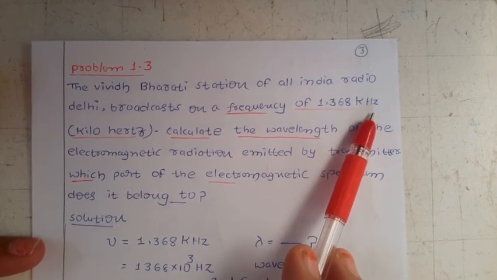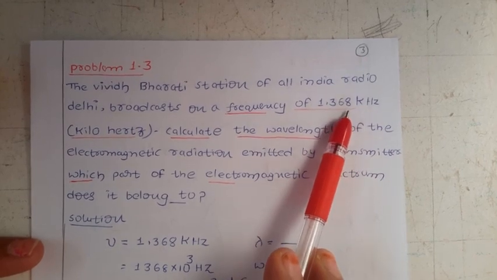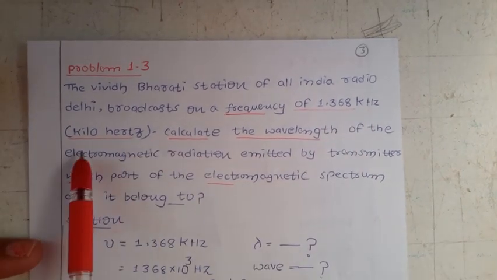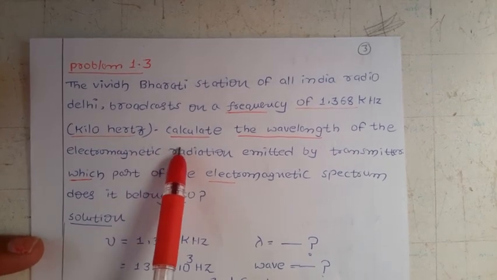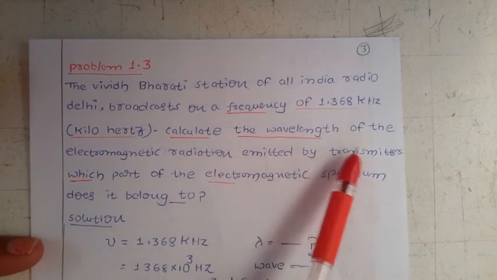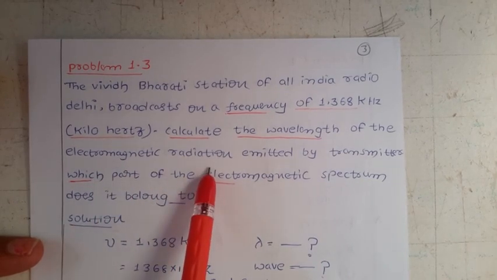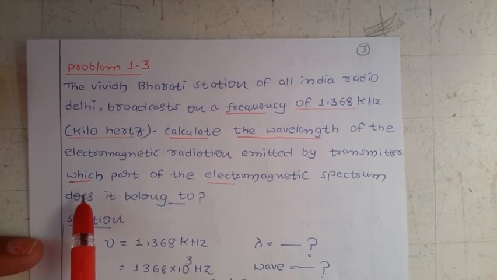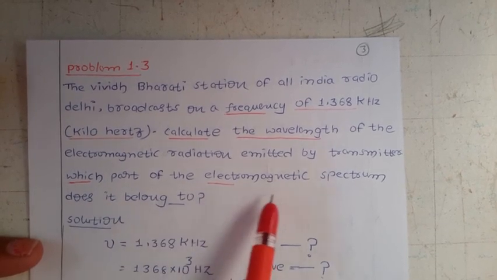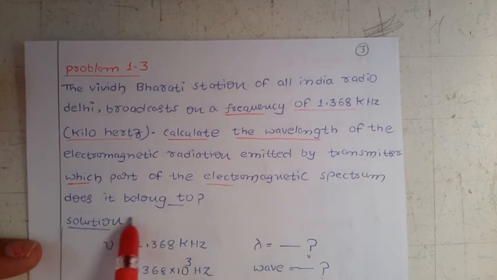We already discussed frequency units: hertz, kilohertz. Now what are they asking? Calculate the wavelength of the electromagnetic radiations emitted by the transmitter. And another question: which part of the electromagnetic spectrum does it belong to?